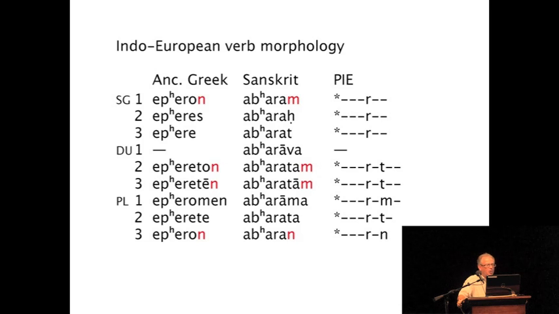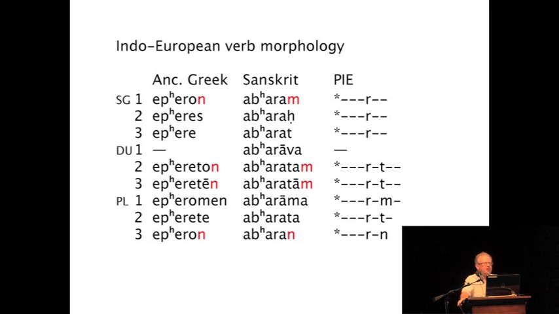Compare the singular one form at the top with the plural three form at the bottom. They're identical in ancient Greek, they're distinct in Sanskrit. So, other things being equal, Sanskrit is probably the more archaic stage with respect to this particular phenomenon.